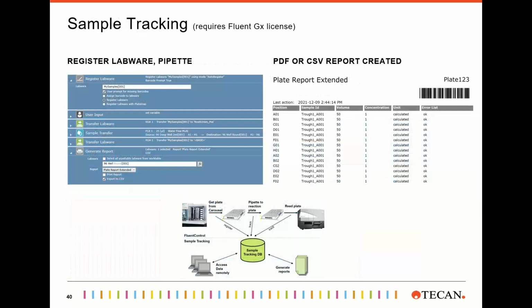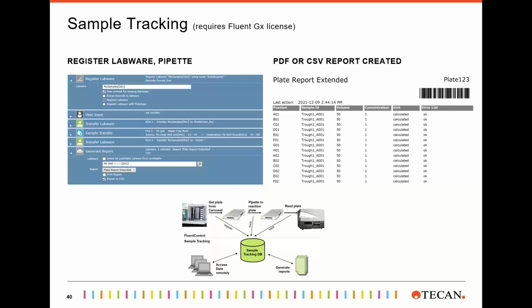Okay, and then also something that comes with a Fluent GX license is sample tracking. Sample tracking keeps track of where samples go during a run, because it is registering where they are at the beginning of a run in a database, and then while the run is running, seeing, okay, the sample is pipetted from here to there in that concentration or that volume.